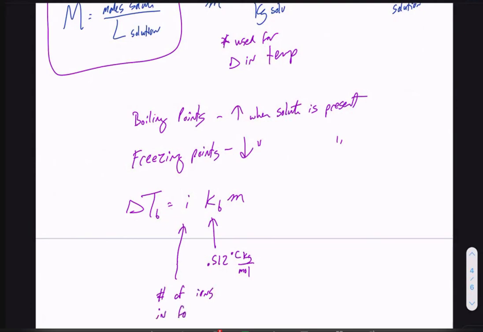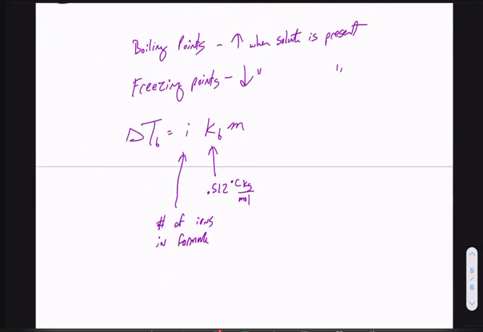So you have to be careful about this, because if I gave you a simple compound, something like KCl, I is clearly equal to 2 because you get K plus and Cl minus, right?